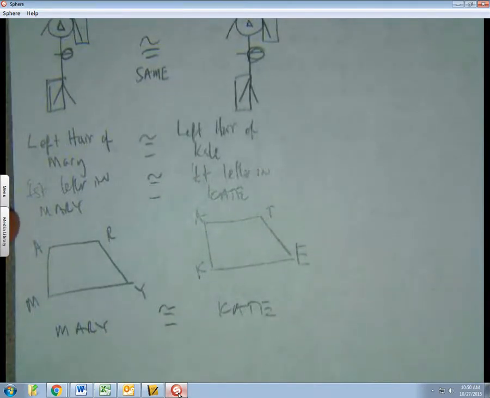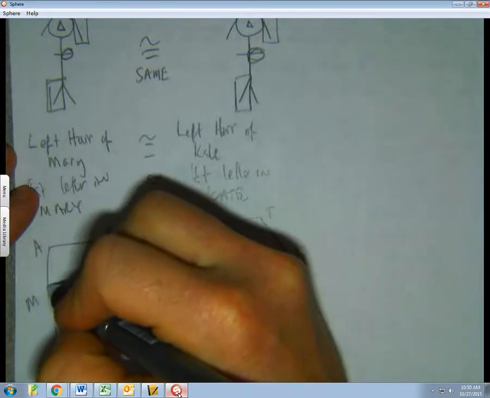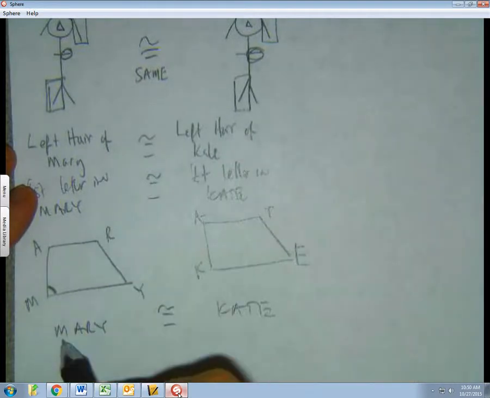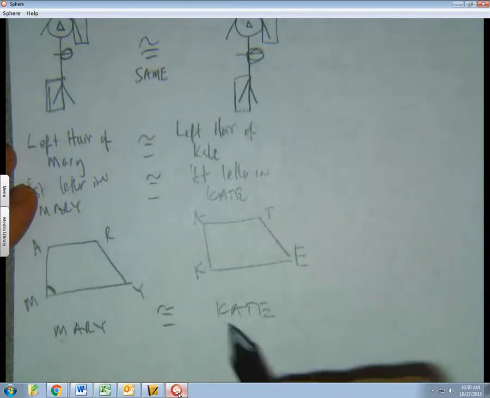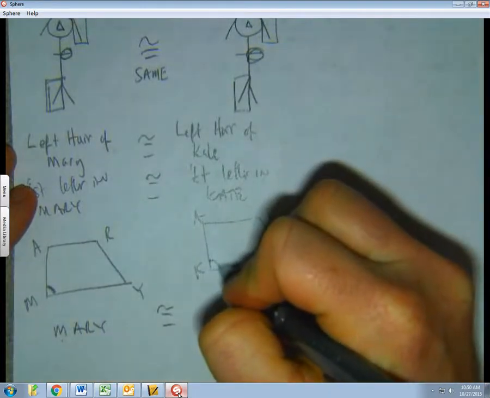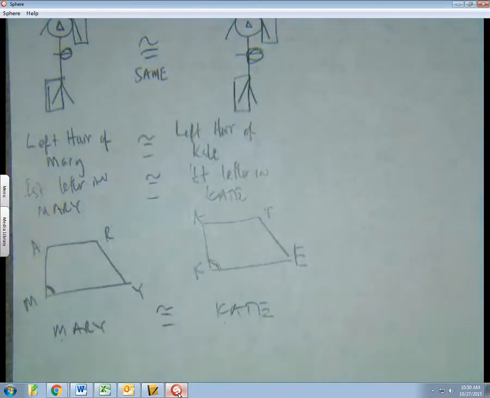Okay, so what does that mean? Well, I'm very visual. I like to draw pictures, and that's a problem-solving skill. So we have our picture, we're going to add to our picture. So I'm going to say angle M is the same as angle K. I'm going to mark that with one single arc.